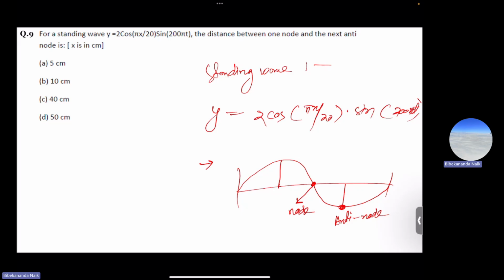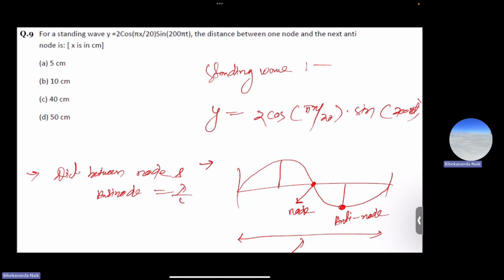So basically if this is lambda, then the distance between node and antinode will be lambda by 4 centimeter. So I'll give you a few minutes and then we will discuss what will be the correct answer.